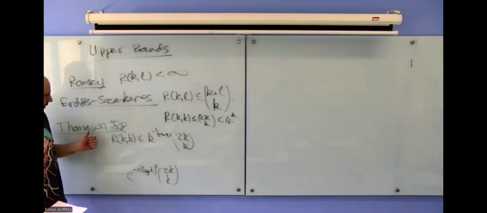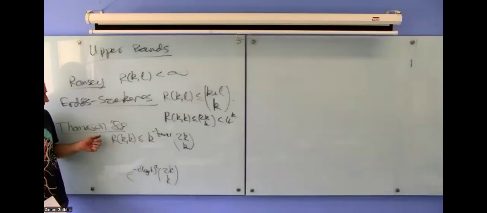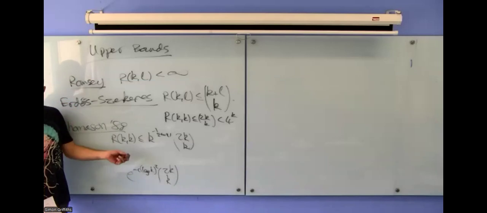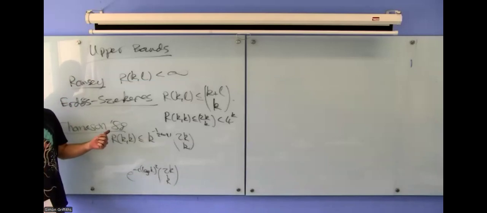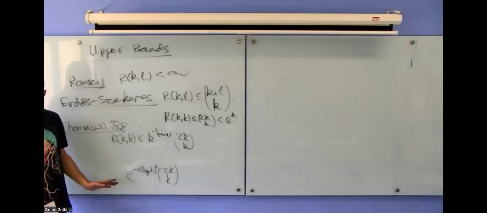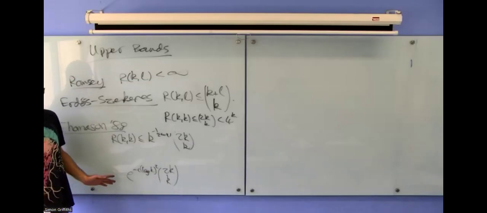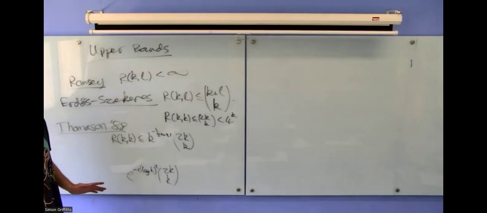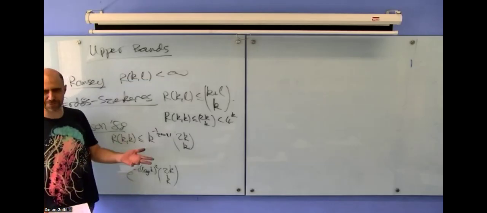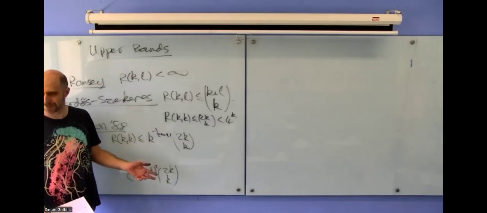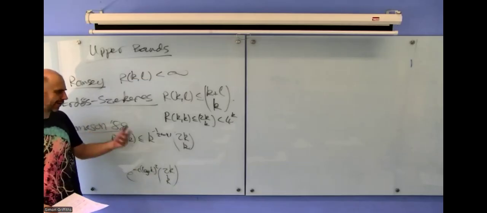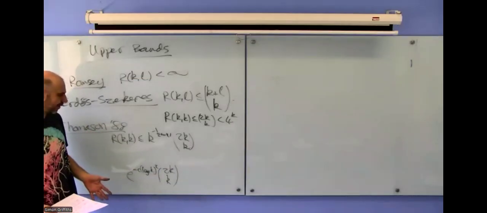Andrew Thomason said in the 1980s he already had a sketch proof of how to use quasi-randomness to maybe get as far as this. The problem was, as many of us know from our lives, sketch proofs do not always turn into proofs, and the technical details got a bit out of hand.